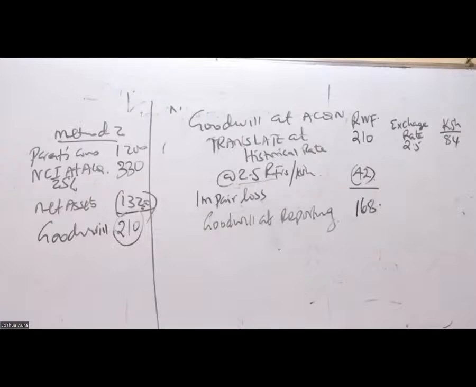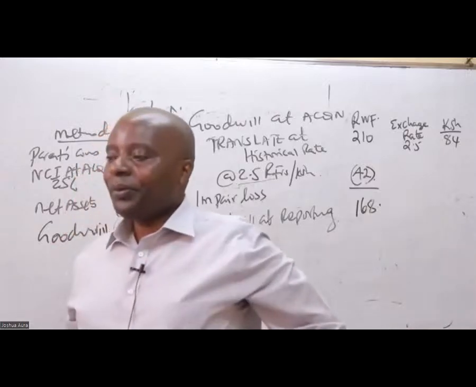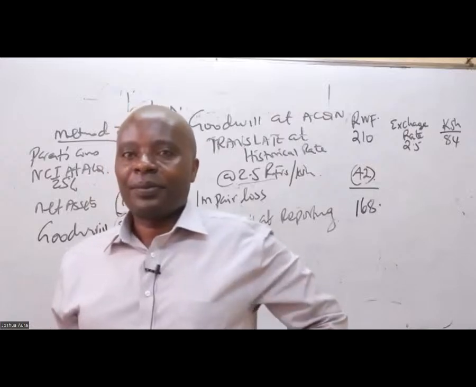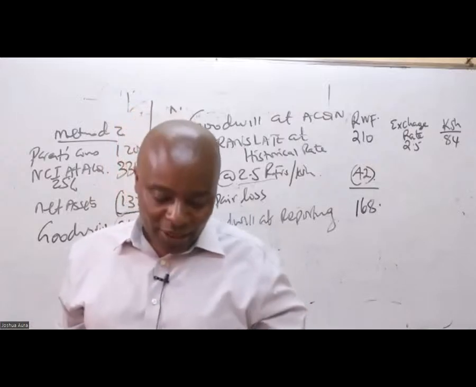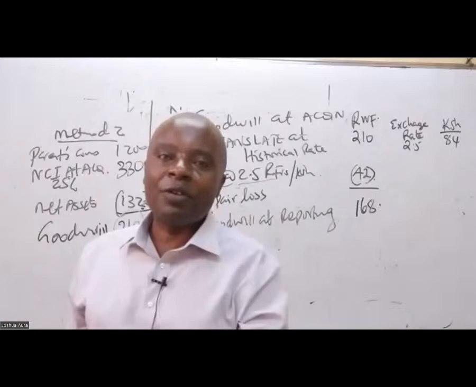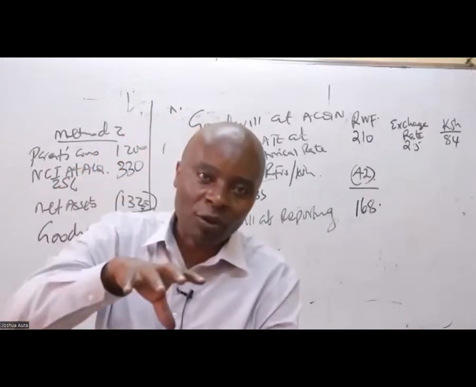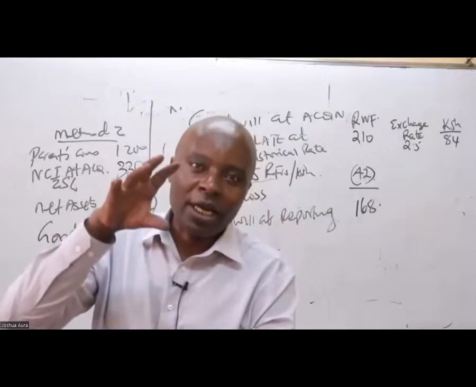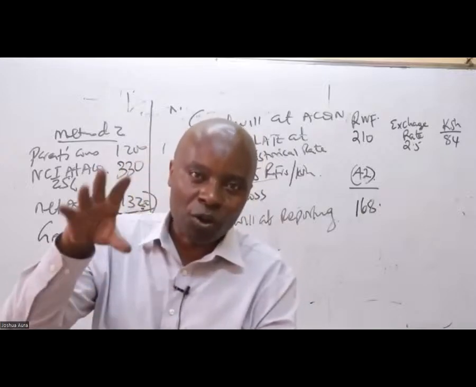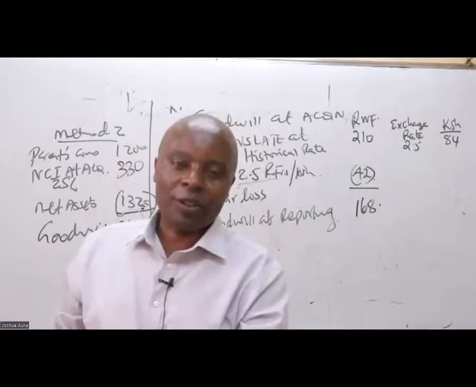Okay, so then what will you tell us really there? What will you tell us, ladies and gentlemen? Remember, under IPSAS 20, if, for example, we have the government of Kenya, the government of Kenya of course owns Kenyatta National Hospital.